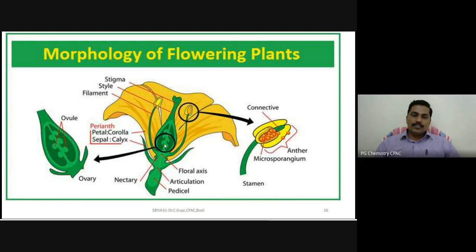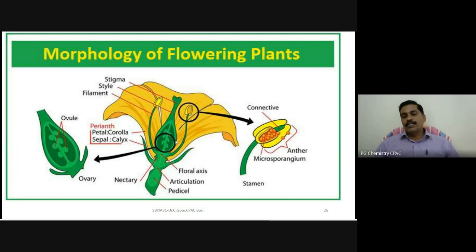Below that, you can see the ovule. There is a chamber, called the locule. Inside the locule, you find the seed-like structure. That is the ovule. This portion is called the ovary. The complete part is called the gynoecium, consisting of the ovary at the base, the style in the middle, and the stigma at the tip.